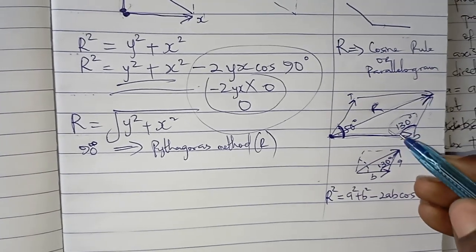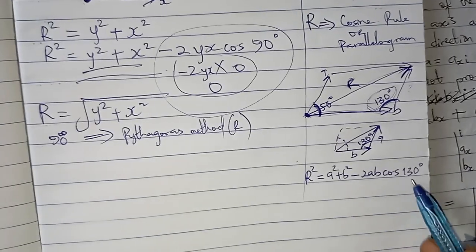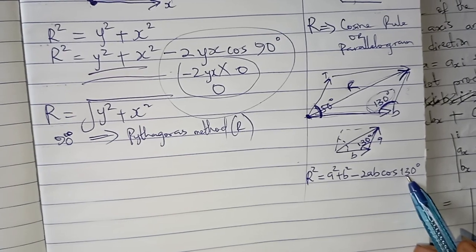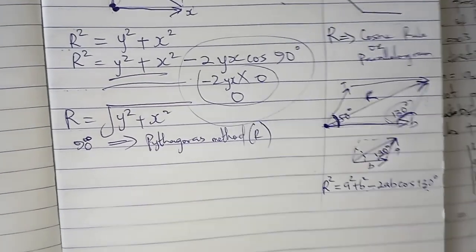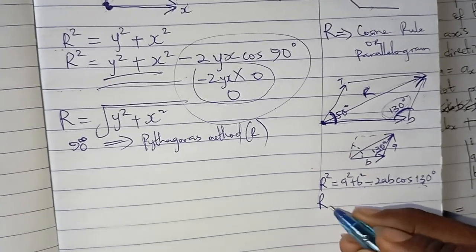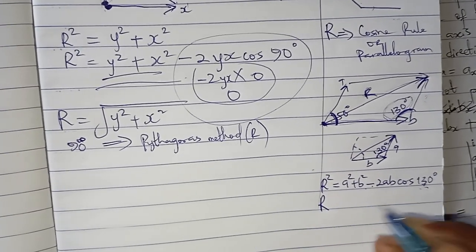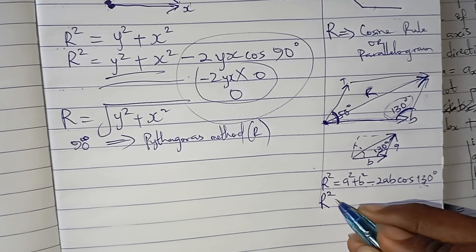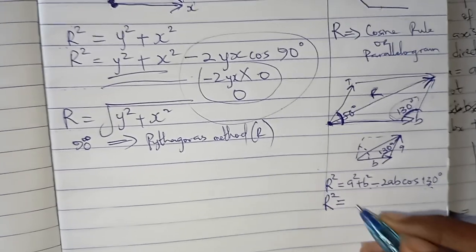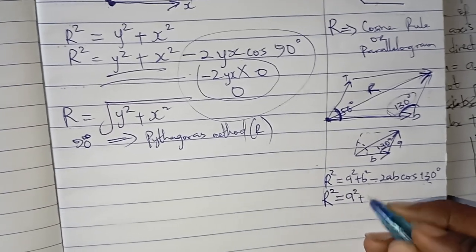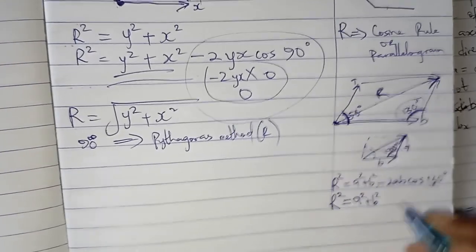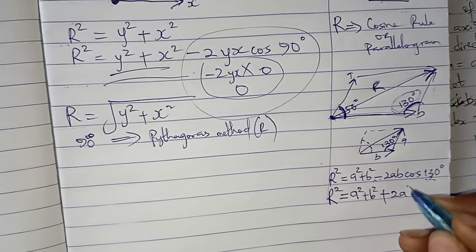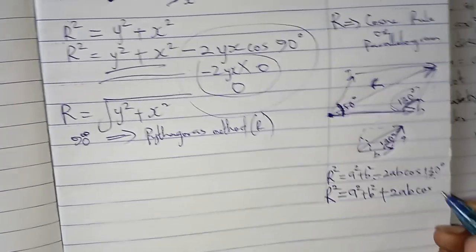So we always use the angle opposite to the R. Notice that cos 130 gives you a negative, and the minus sign in the formula makes it positive. That is why in most cases when you are using cosine, the formula you use is almost the same as A squared plus B squared, because the minus then becomes plus 2AB cos theta.